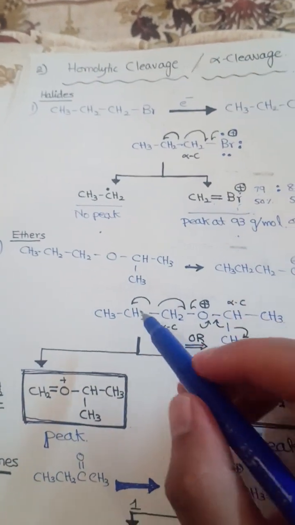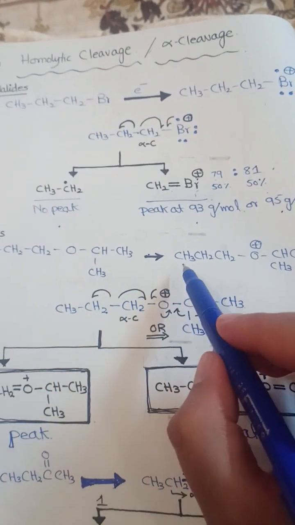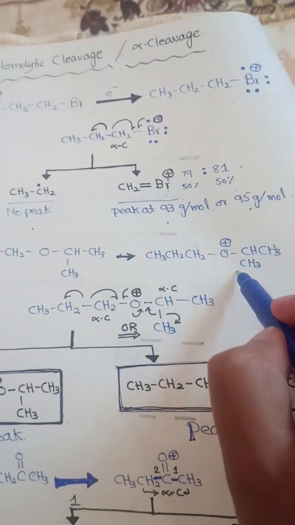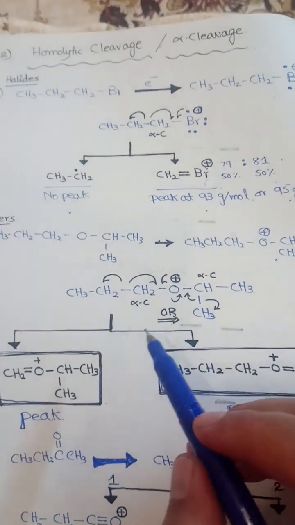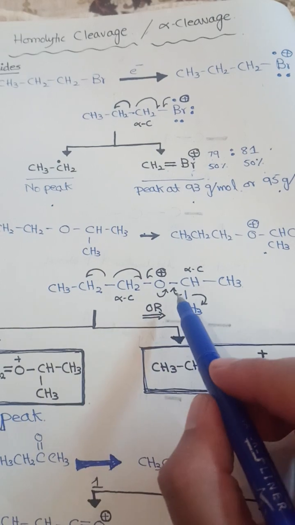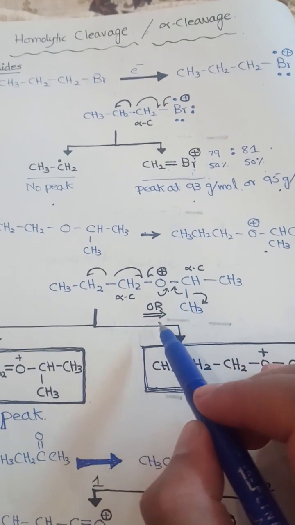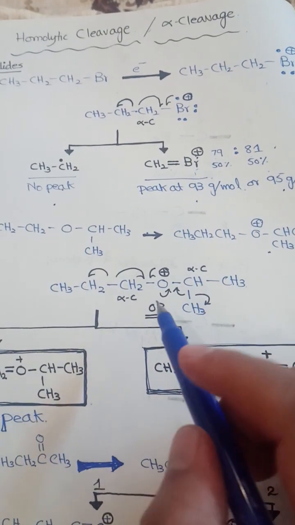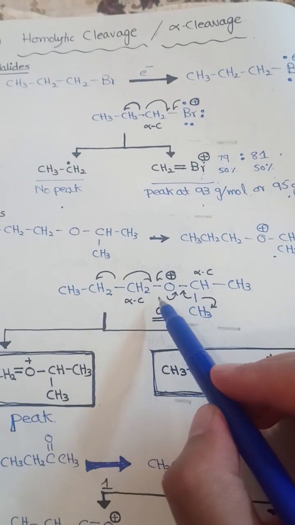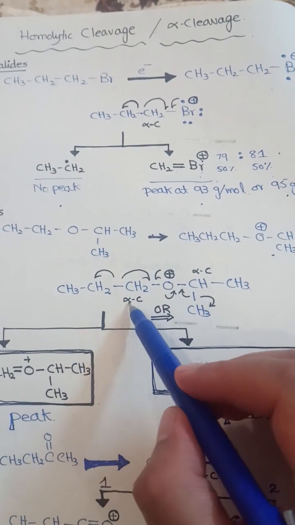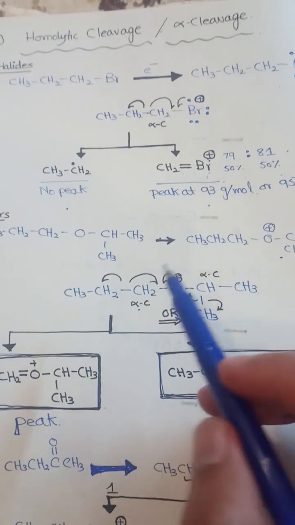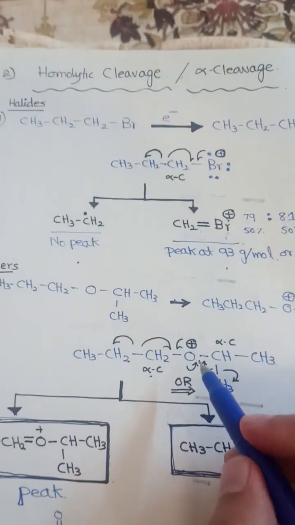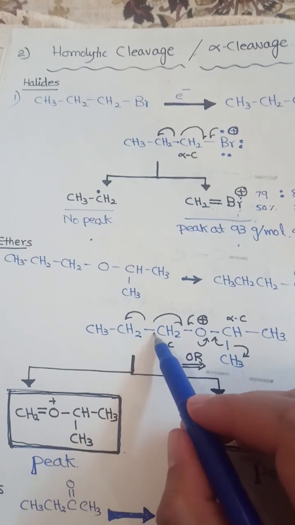In ethers, when homolytic cleavage occurs, the loss of electron will give us a molecular ion peak, and this molecular ion peak may give two types of fragments, like we previously studied in heterolytic cleavage. If it occurs from this end, here we have alpha carbon and this is beta carbon and here we have the alpha bond.